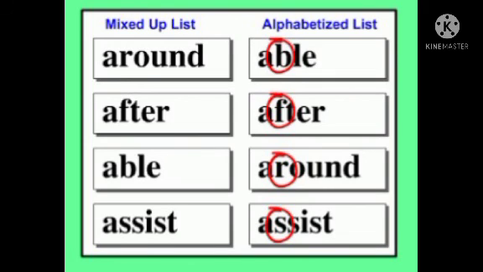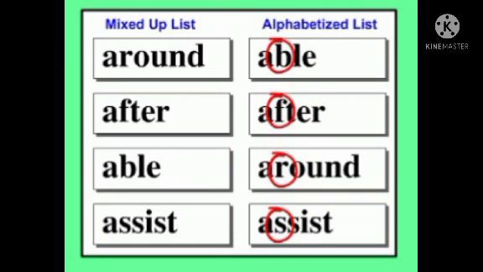Now look at the second letter of around, it is R. Then after has F. Then the other word able has B. Last, assist has S. So now we will look at these letters, R, F, B, S, and we will arrange them accordingly.